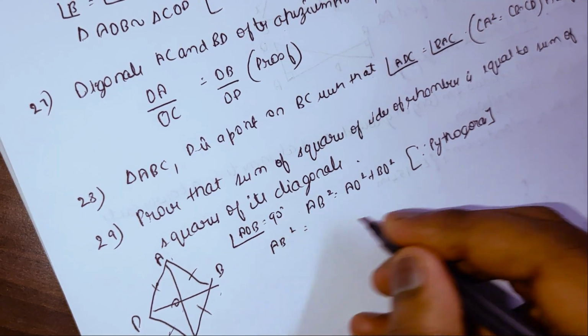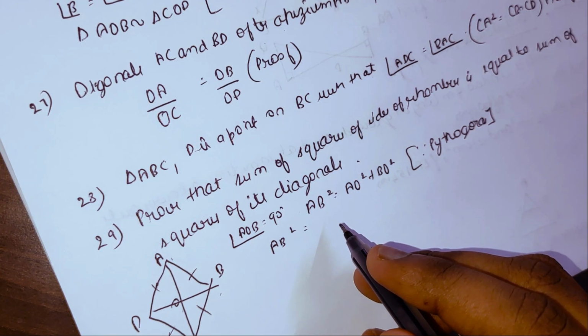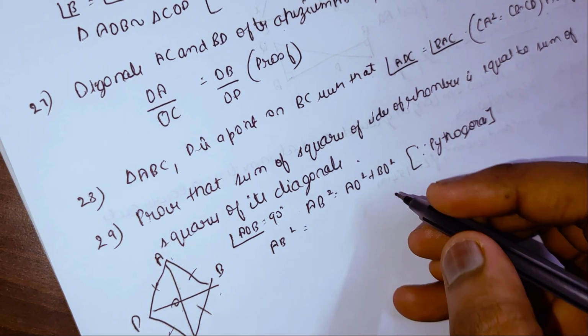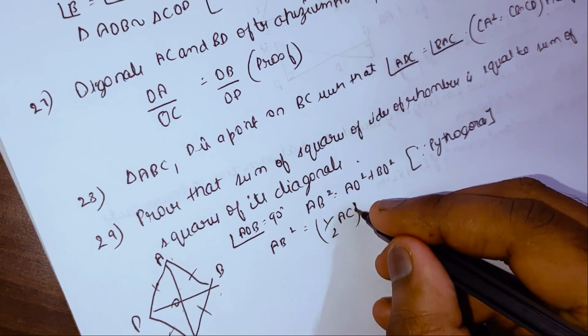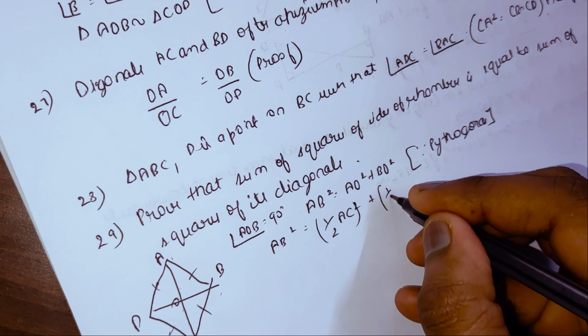AO is half of AC, substitute that in place of AO. BO is nothing but half of BD.